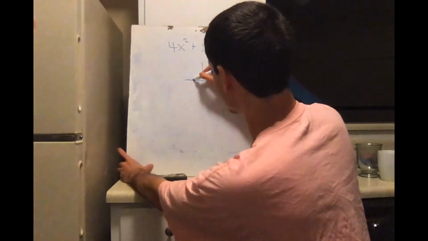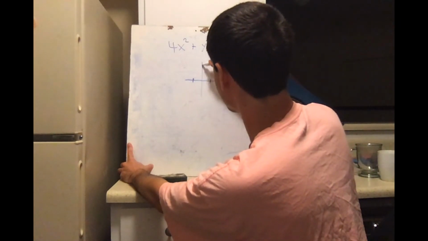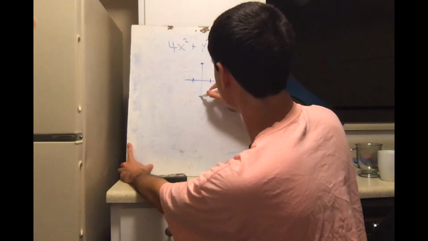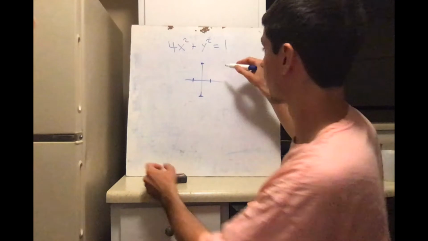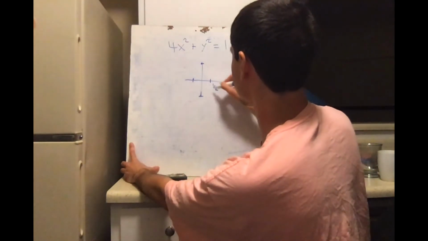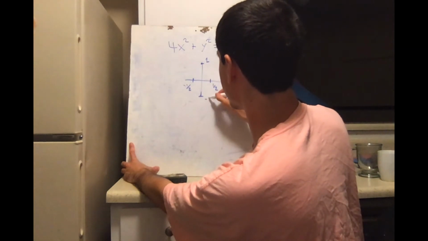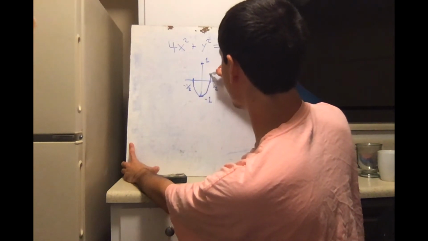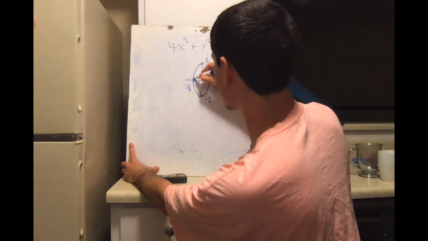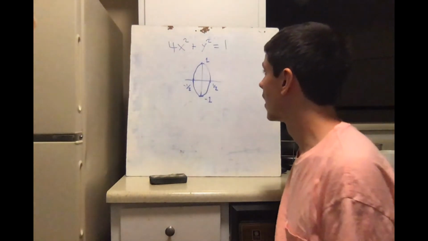So this is an ellipse that has semi-major axis 1 and semi-minor axis 1/2, right? This is 1/2, this is minus 1/2, this is 1, this is minus 1. If you forgot what semi-major and semi-minor axes are, it's not going to be essential for this conversation.